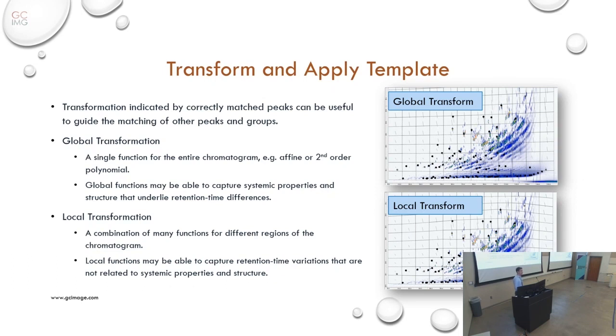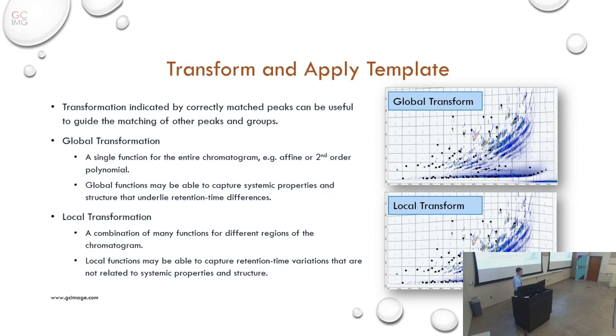So once we have all of our landmark peaks matched, we can compute a transform function to transform the retention times from one chromatogram to the other. This can take the form of a global transform function, which would be a single function computed over the entire chromatogram and a best fit match for all of the individual matched landmark peaks. This could be like an affine or second order polynomial function.